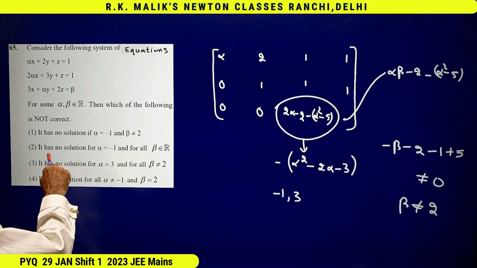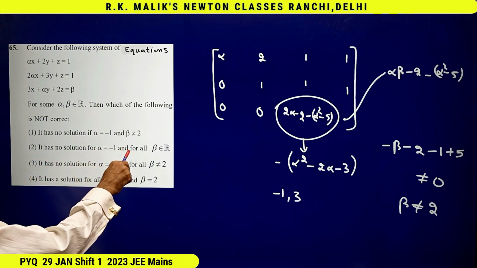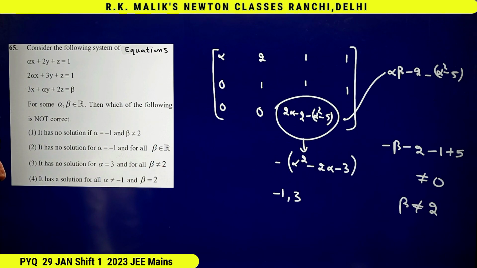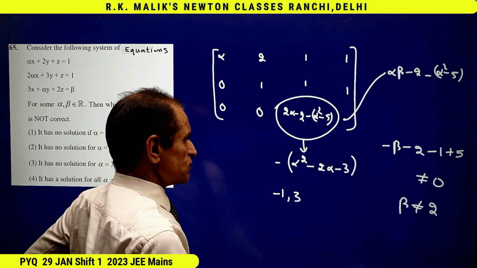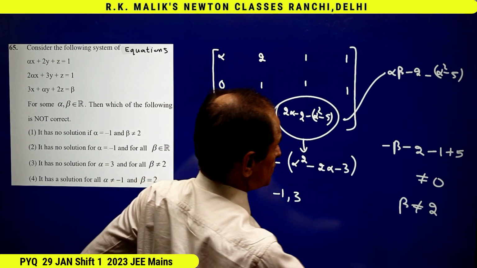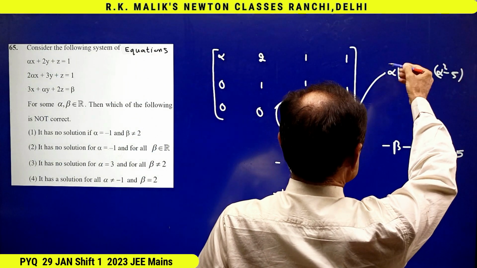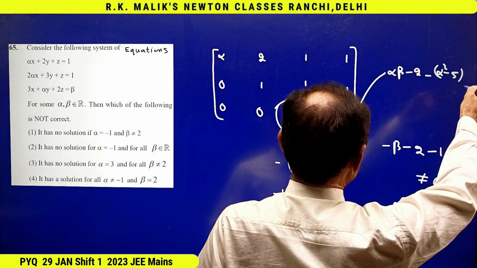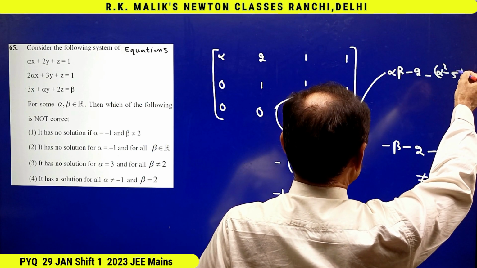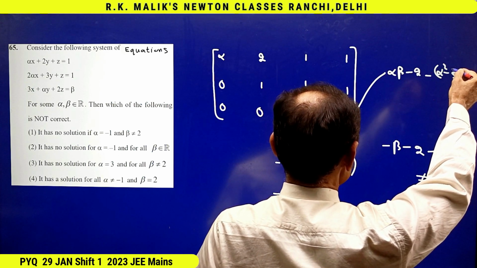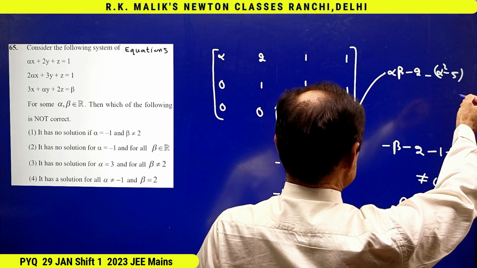And second choice says that it has no solution for alpha equal to minus 1 and for every value of beta. If alpha is minus 1, this becomes 0. And for alpha equal to minus 1, if this becomes 0, it will have an infinite number of solutions, and if it is non-zero, it will have no solution. And this is 0 means beta is equal to 2.